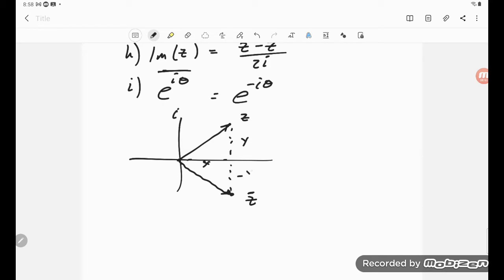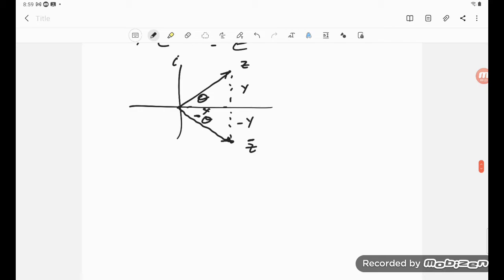There's minus y. But notice then, if that's theta, that's minus theta. So that's a nice graphic as to why it works the way it does for the conjugate. Okay, so that's another geometric property visually, that we are just using symmetry over the x-axis, or the real axis.